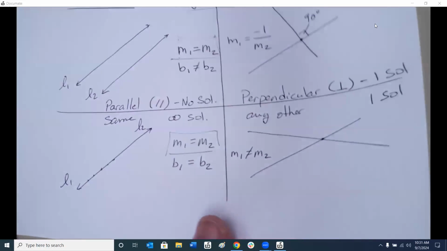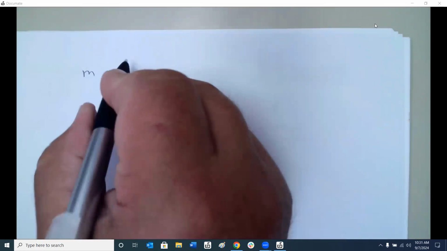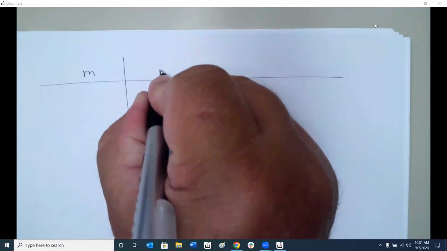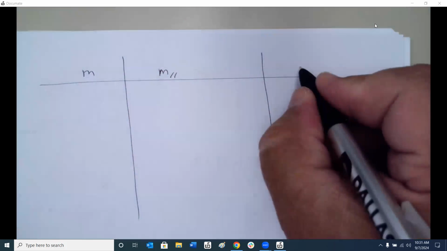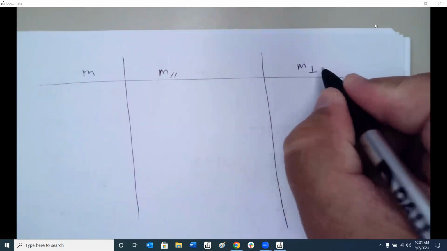So let's look at what this means. Here, I'm going to give you the slope. I want you to tell me the slope parallel and the slope perpendicular.